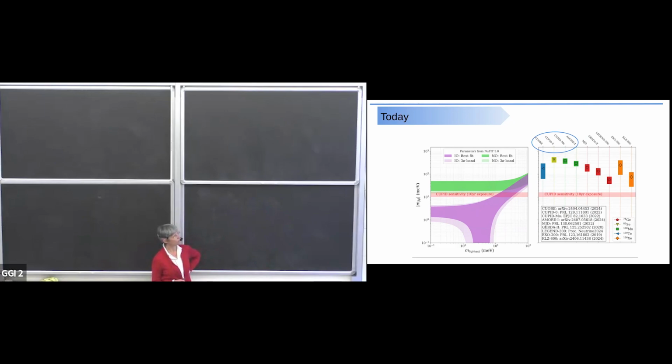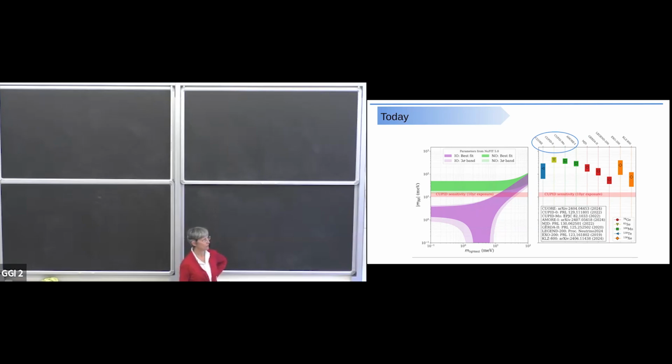So the first 4 experiments use the bolometric techniques. These other 3 experiments use germanium diodes, and these 2 experiments are using xenon in a TPC. So you see the different results.